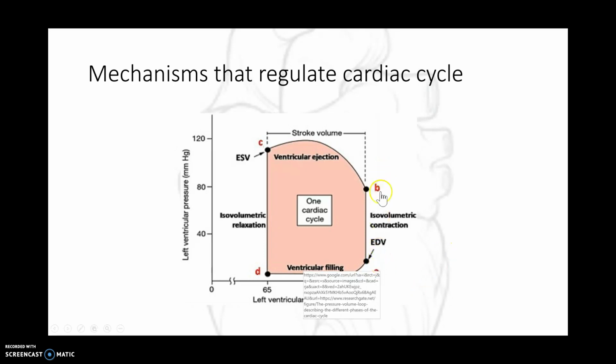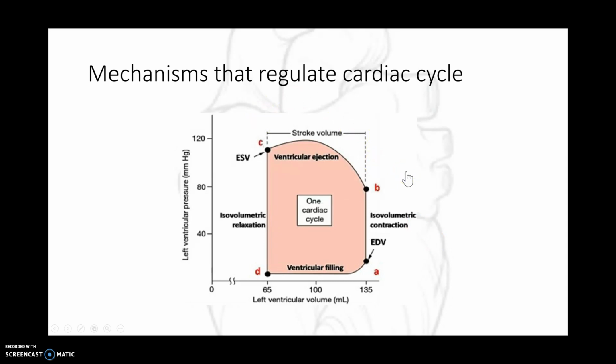Now let's keep moving on to A to B. Here, all valves have closed. Ventricular pressure dramatically increases, but volume remains unchanged because, again, those valves are closed. Now B to C, right up here, we have our ejection period.